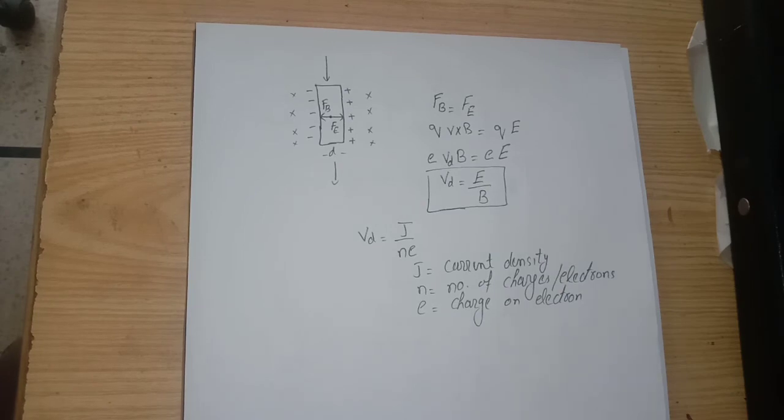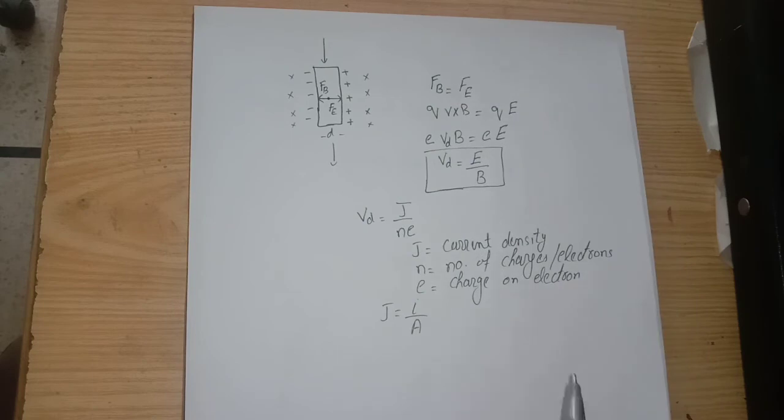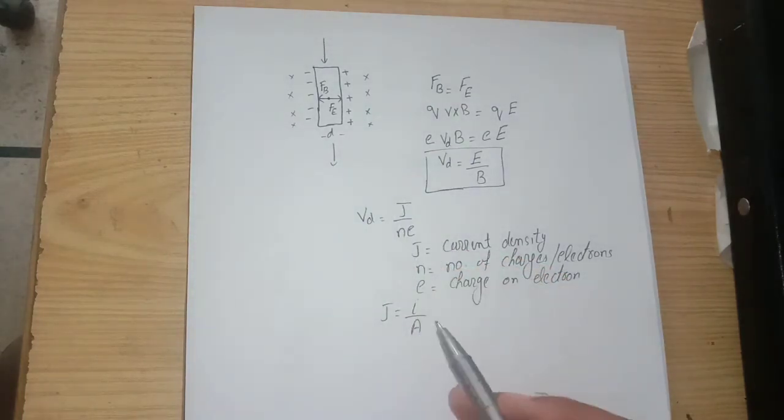Since J is current density, we can write this current density to be equal to current per unit area. Substituting it in this equation will give me drift velocity Vd to be equal to current I over NEA.